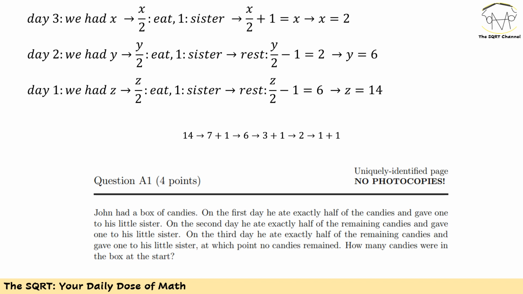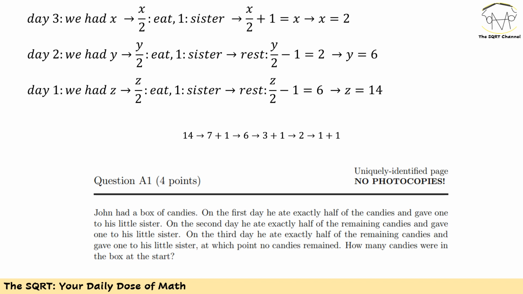So X, the number of candies that we had at the beginning of the third day, should be exactly the same as X over 2 plus 1, because it says that we have no candies by the end of day 3. Now if we assume that X over 2 plus 1 is X, then X is going to be 2. So basically at the beginning of day 3, John has 2 candies.